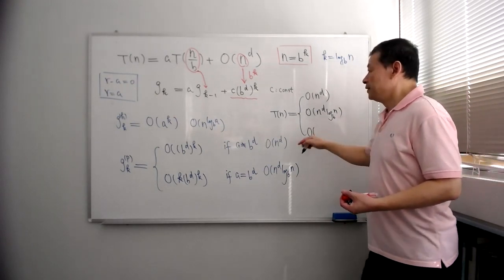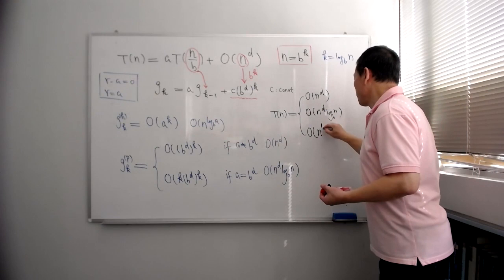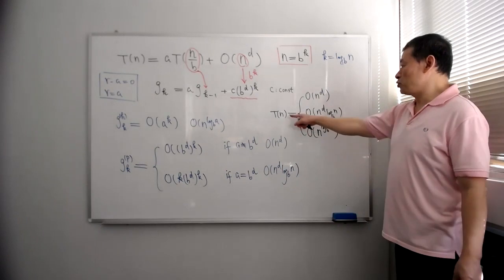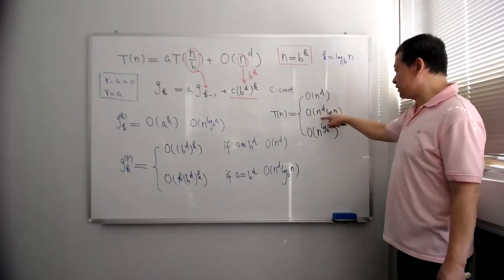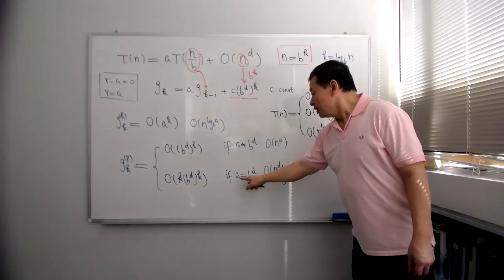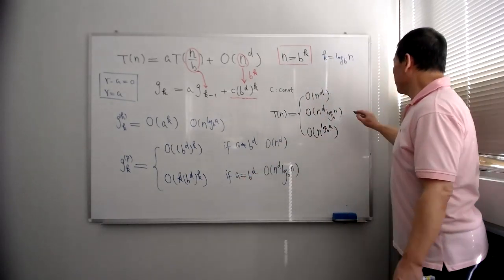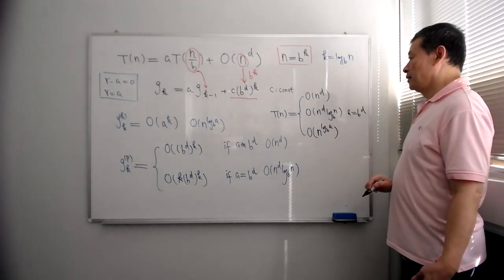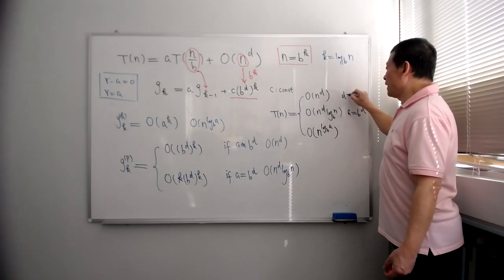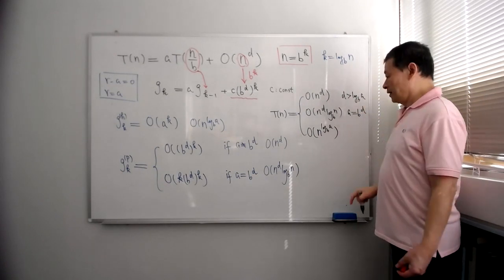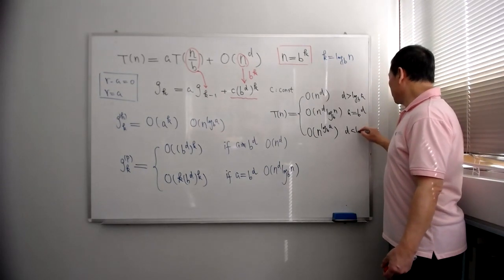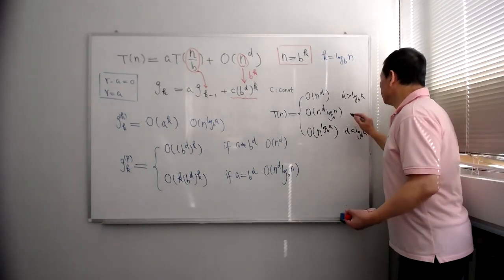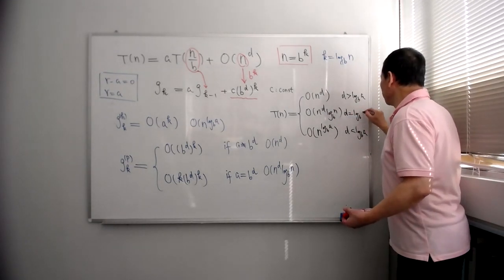Otherwise, this one dominates. So the function T(n) is one of these three, depending on which is bigger, a or b to the power d. Here d is larger than log base b of a, here d is smaller than log base b of a, and the equal case is d equals log base b of a.